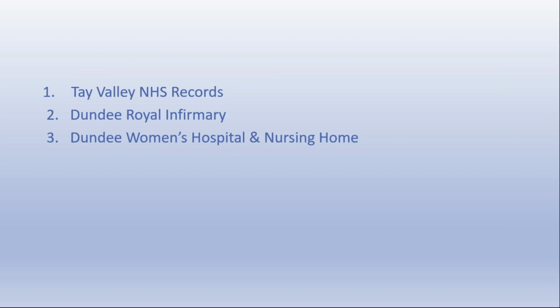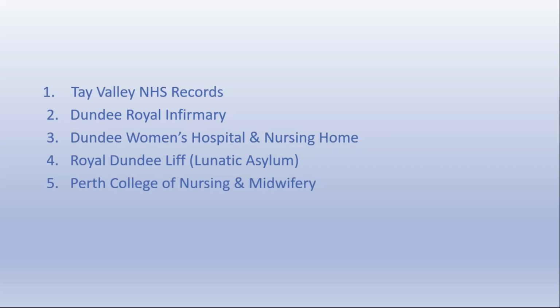They have the Tay Valley National Health Records, the records for the Dundee Royal Infirmary, the Dundee Women's Hospital and Nursing Home, the Royal Dundee, which was the lunatic asylum in the area, as well as the Perth College of Nursing and Midwifery. And they have poorhouse records. There was a poorhouse in the area.